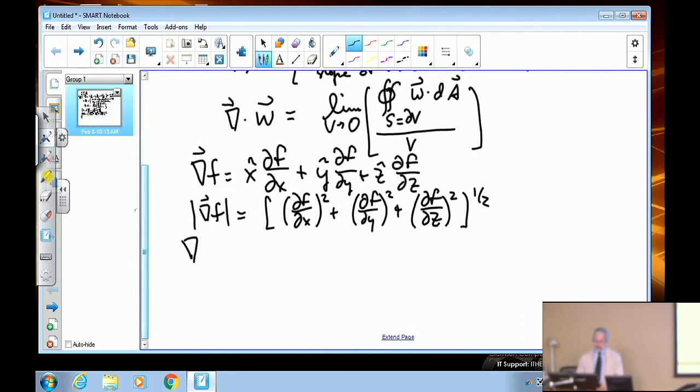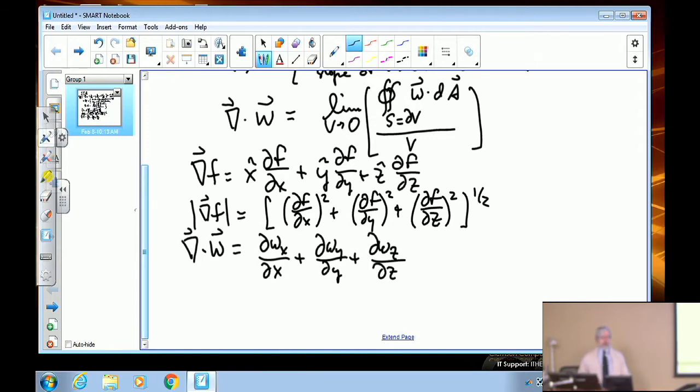And in Cartesian form, for the divergence, you have to know the components of W, or that field, the Cartesian components. If you have those Cartesian components, which are themselves functions of x, y, and z, then the divergence is the sum of those derivatives. And now there's no direction left. The divergence is a scalar. So the gradient of a scalar is a vector, the divergence of a vector is a scalar.